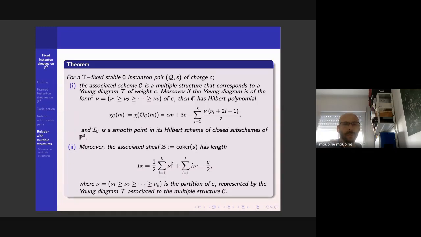So the constant term in the Hilbert polynomial depends on the partition. And then the length of the sheaf, which is the cokernel of this section, will also depend on the partition in this way. Okay, so I have many invariants of the supporting curves that are computed.